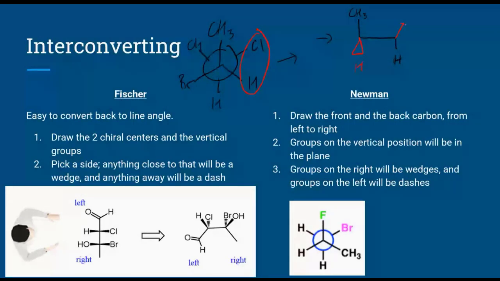So this is going to be hydrogen. This is going to be a Cl. And likewise, these groups on my left side are going to be dashes. So bromine as a dash and OH as a dash. And so this is our new line angle.